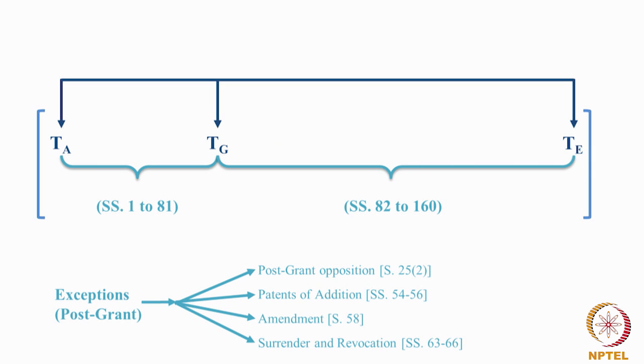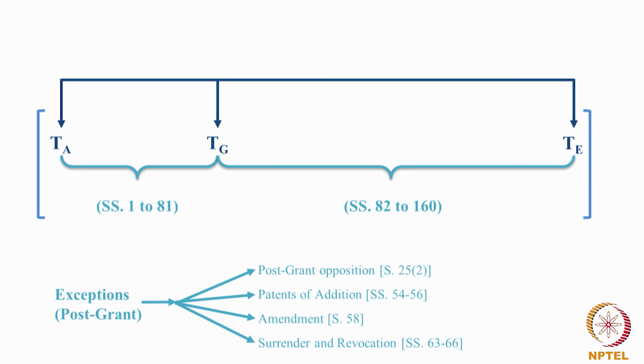So on the whole, TA to TG is governed by sections 1 to 81. You have a few exceptions where the sections between 1 to 81 may have their impact after TG, after the grant of the patent.